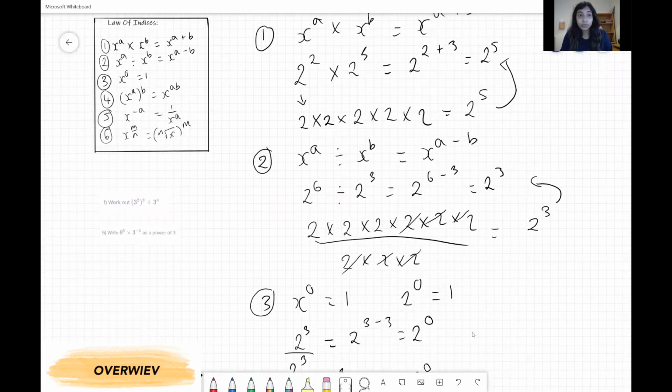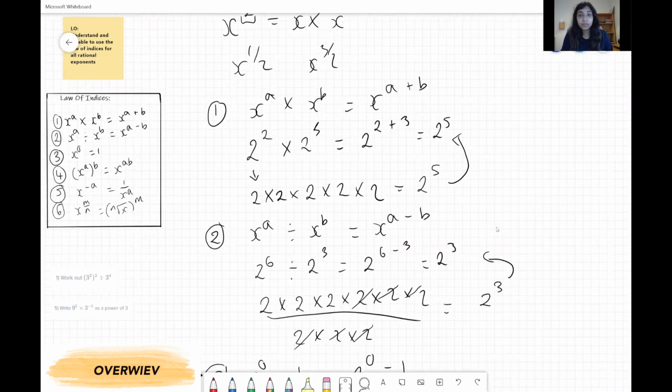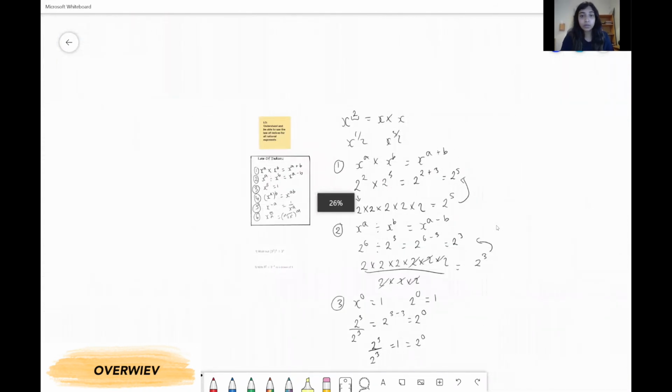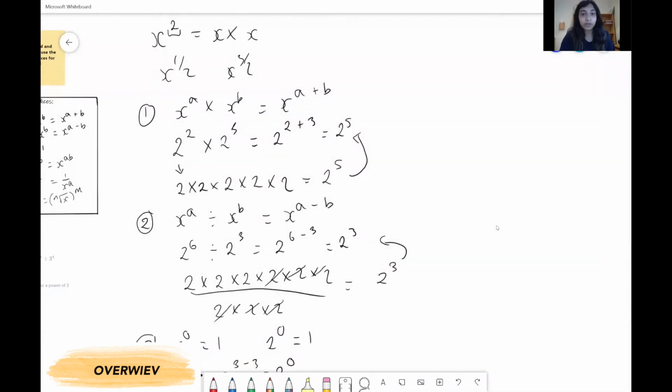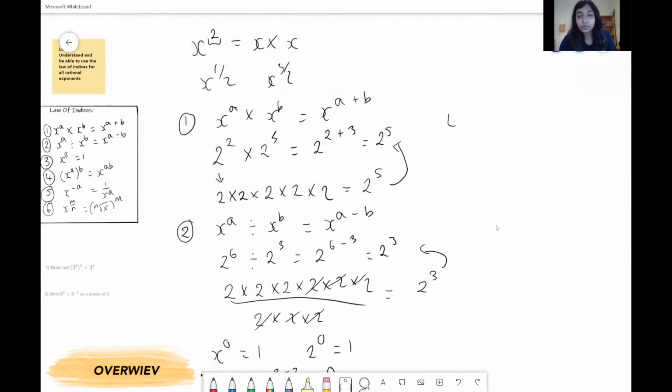The fourth rule we have is x to the power of a, all to the power of b, is equal to x to the power of a times b.